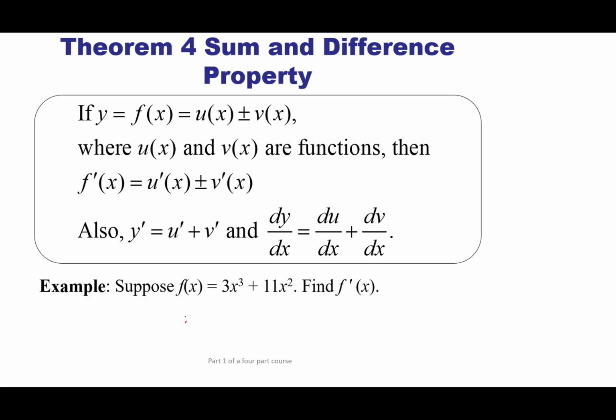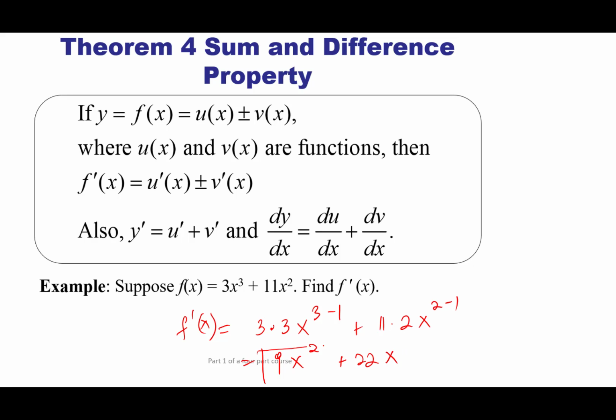So if I have to differentiate this using the power rule, we're going to do 3 times that 3 that is already there, x to the 3 minus 1, plus 11 times 2 times x to the 2 minus 1. This result here is going to be 9x squared plus 22 times x to the 1, which is just x.